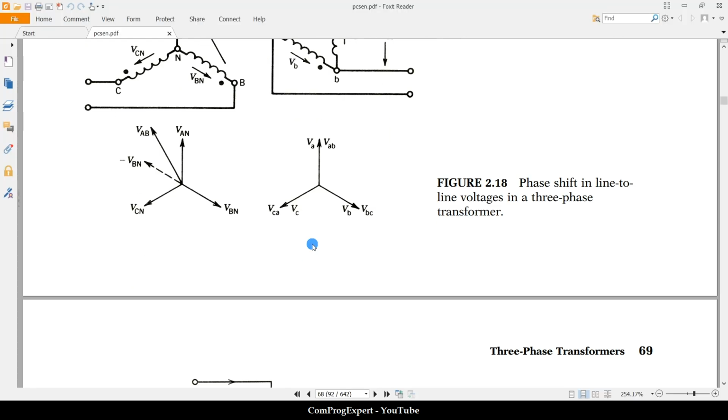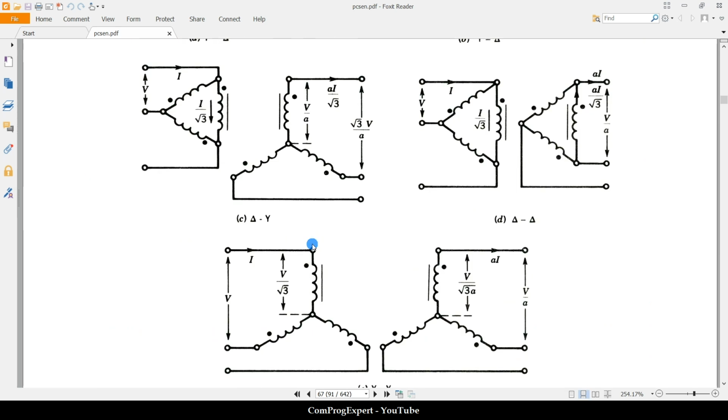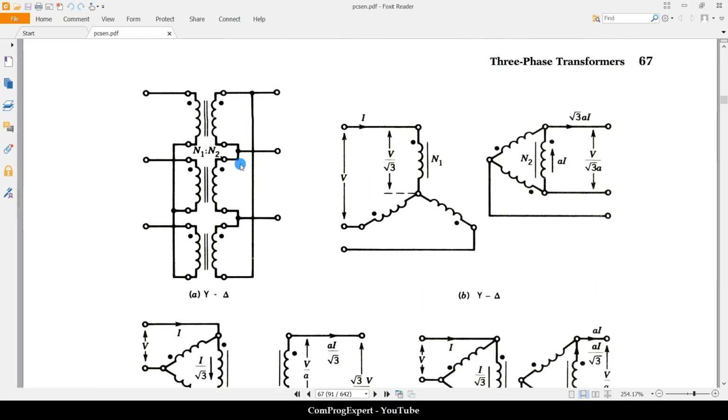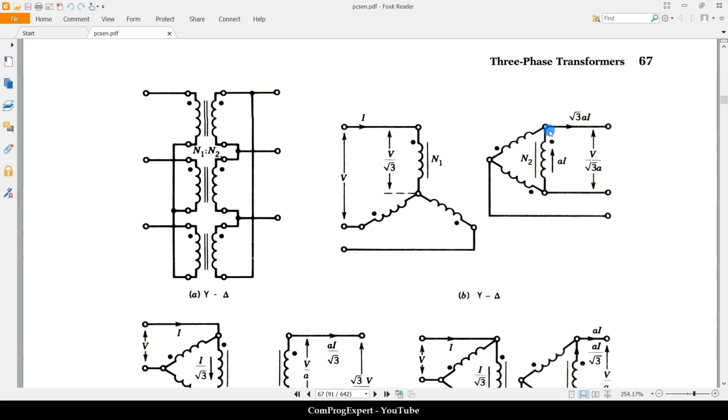So according to the reference, how can we have a delta connection? Here you can see the case. This is the star and this is the delta. Okay? These lines that we have here. So if I connect this to this one, also you can check the circuit form.